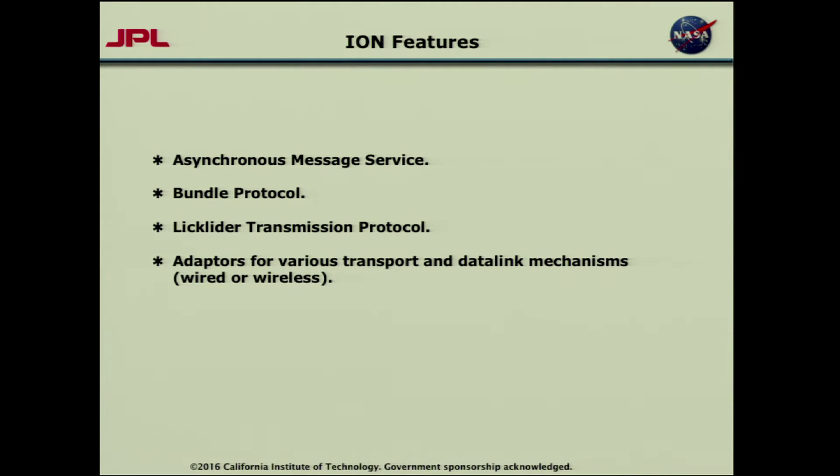Okay, so what does ION include? ION includes the asynchronous message service, which is a publish and subscribe layer where you can pass messages. The bundle protocol, LTP, and adapters for various underlying wired or wireless buses.